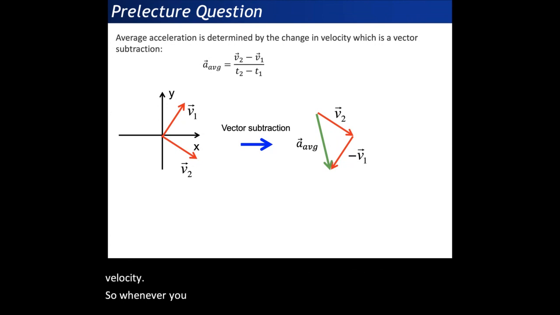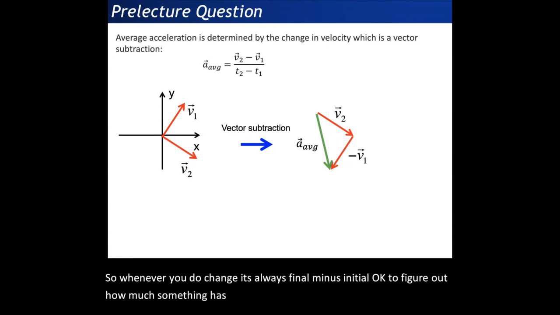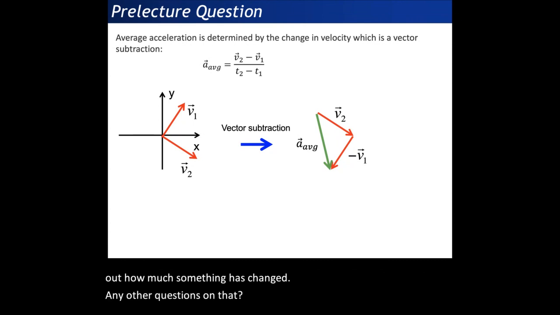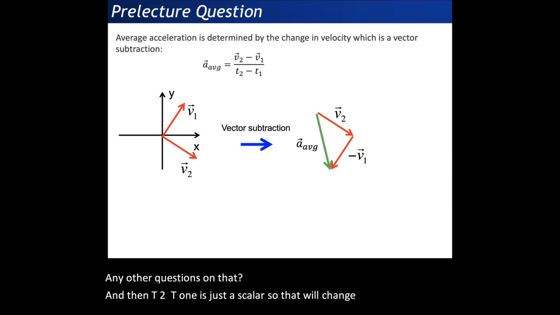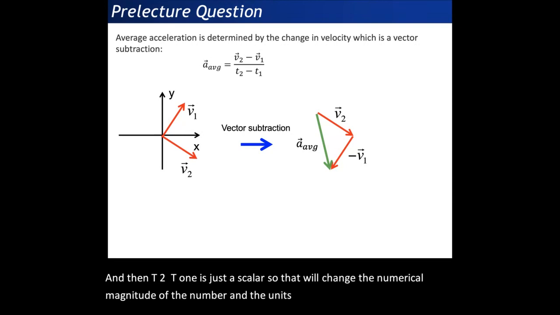Whenever you do change in, it's always final minus initial, to figure out how much something has changed. Any other questions on that? And then t2 minus t1 is just a scalar, so that will change the numerical magnitude of the number and the units in this case.